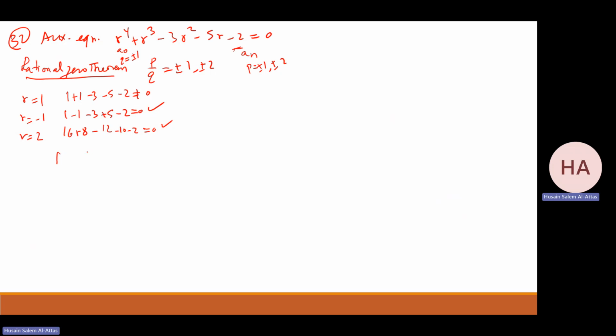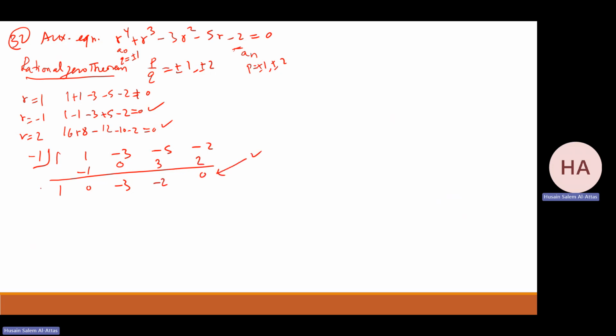So you have 1, 1, minus 3, minus 5, minus 2. Because 2 roots will reduce it to a quadratic, where I can use the quadratic formula or factoring. I start with minus 1: 1, minus 1, 0, minus 3, 3, minus 2, 2, 0.